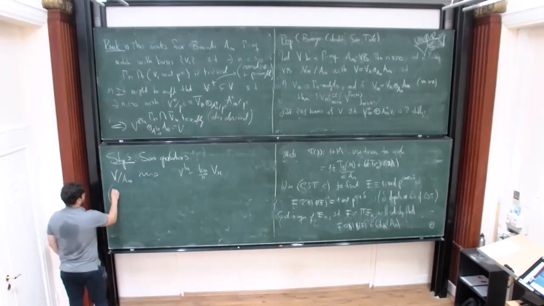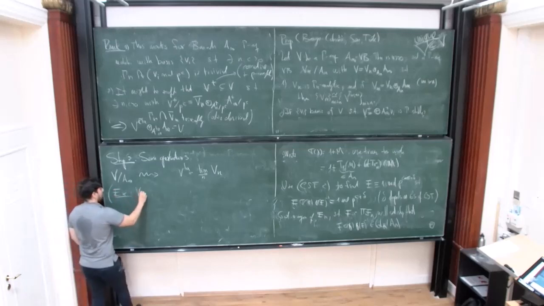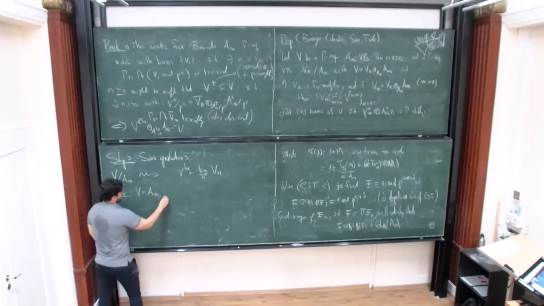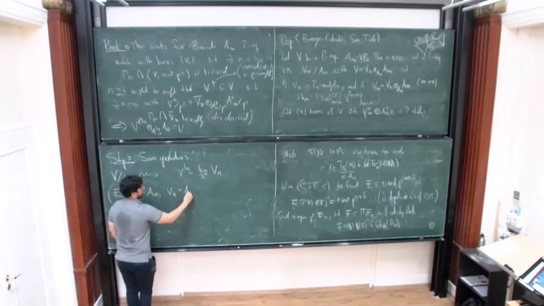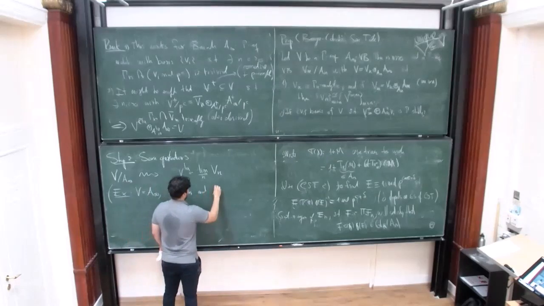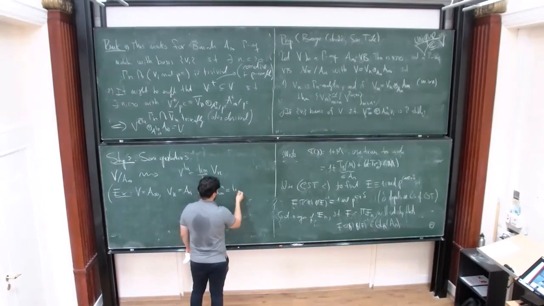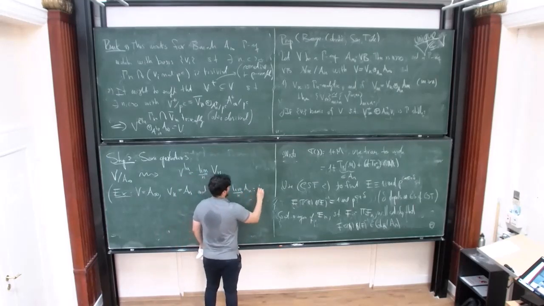Let's say, as the first example, you take a trivial representation. Then Vn is just An, and the locally analytic vectors of this guy is the colimit of these, which is the smooth vectors.